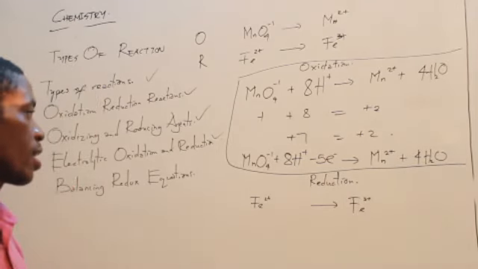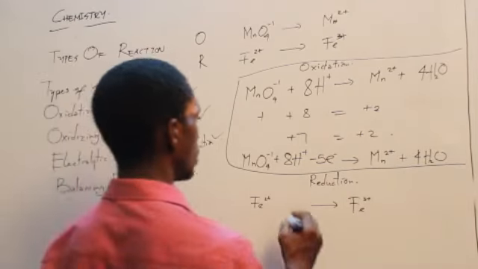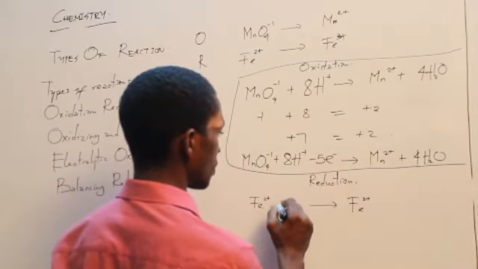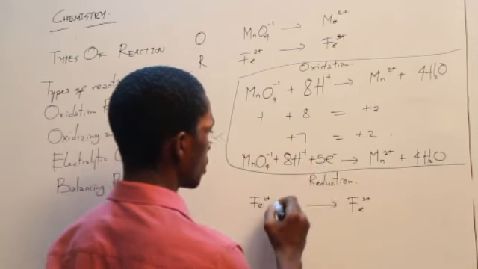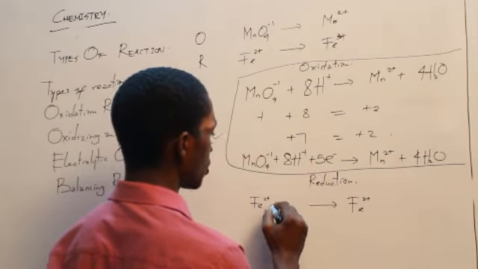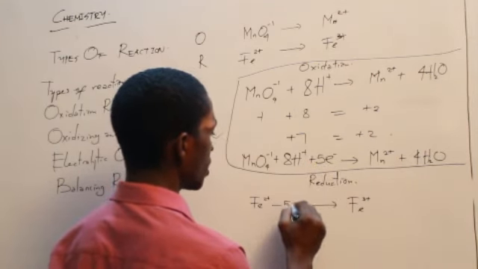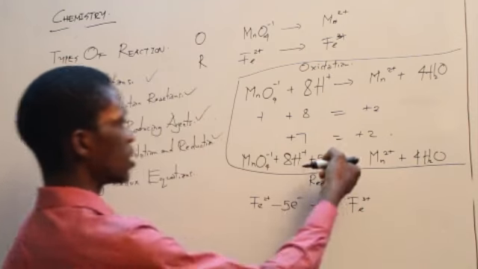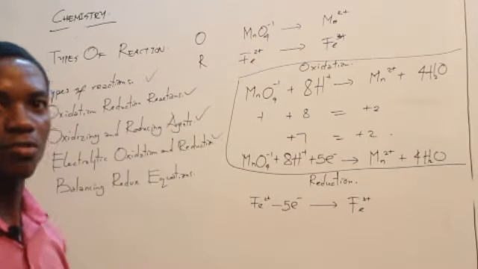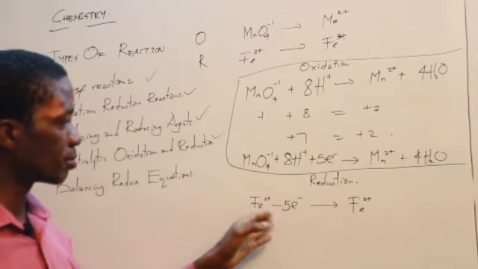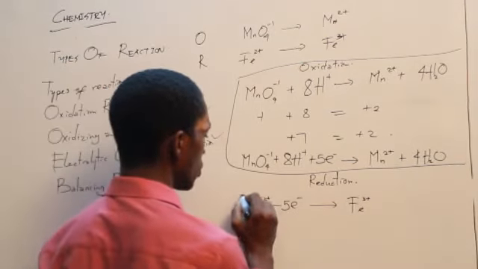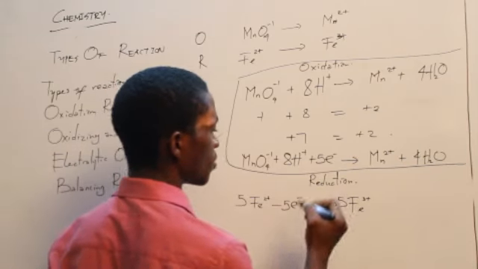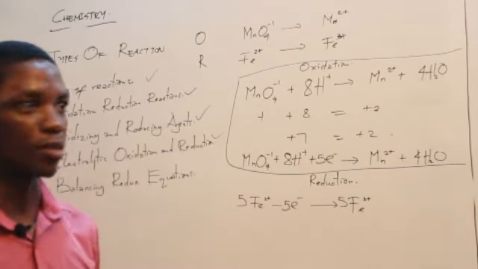It will have lost several electrons, that is to say minus about 5e, because this one gained 5. The 5 it gained has to come from here. Of course, to balance this out, the entire system too must have 5 and 5.